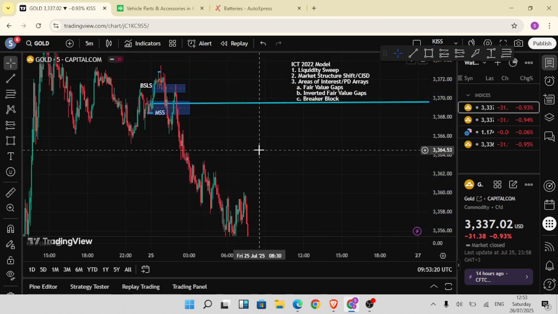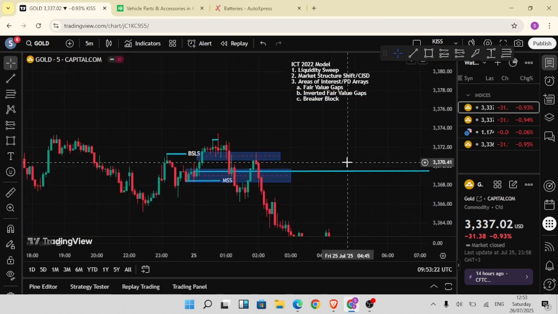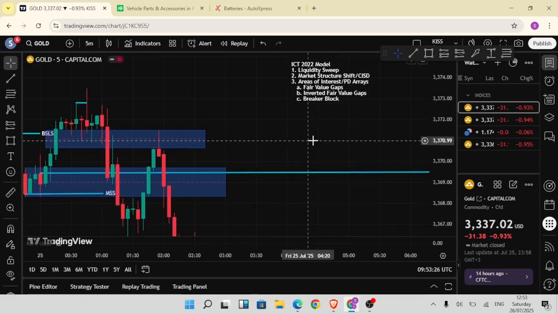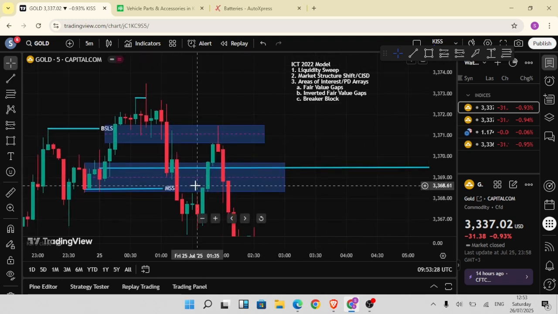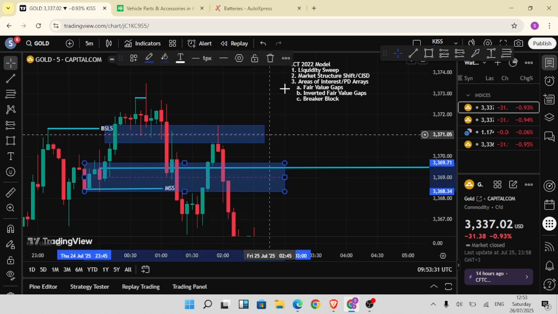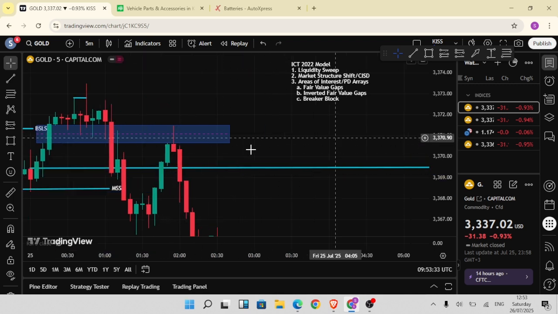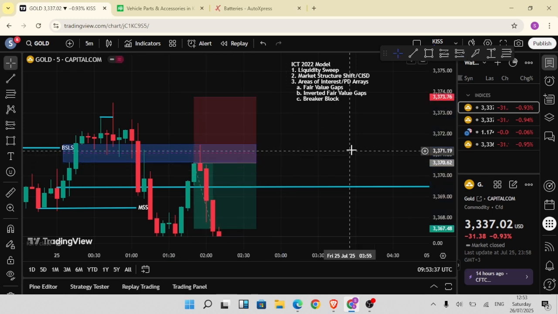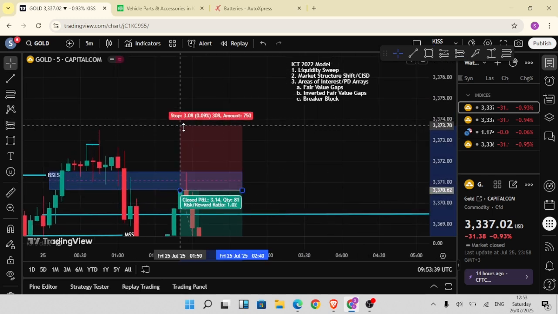Now, entry based on the inverted fair value gap. This was a good entry. If you missed the first one, the breaker block entry, you can take the inverted fair value gap entry right there. Stop loss at this high.